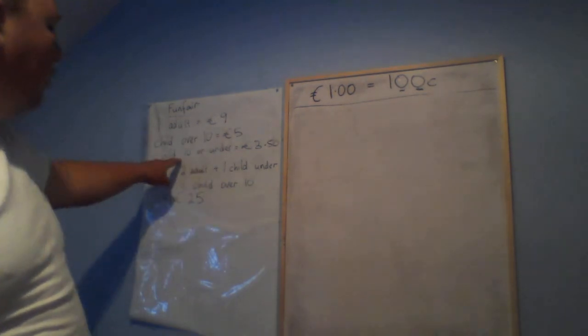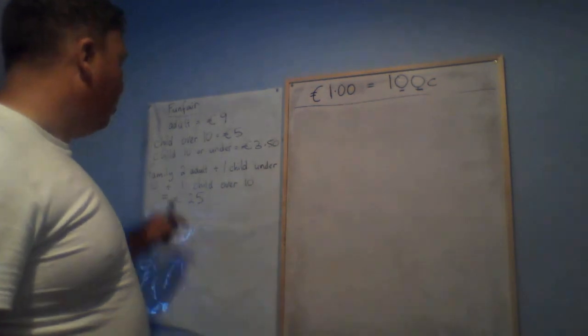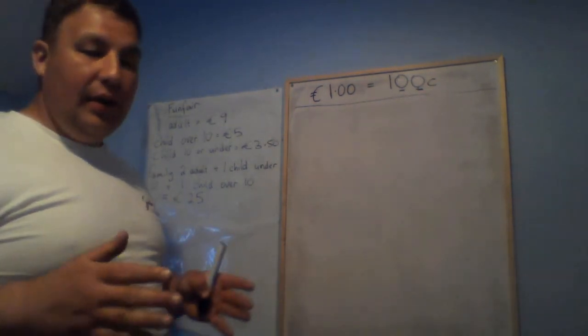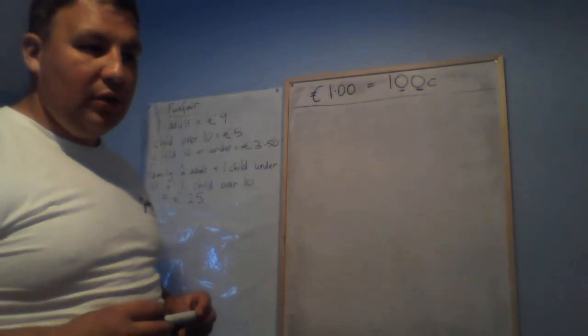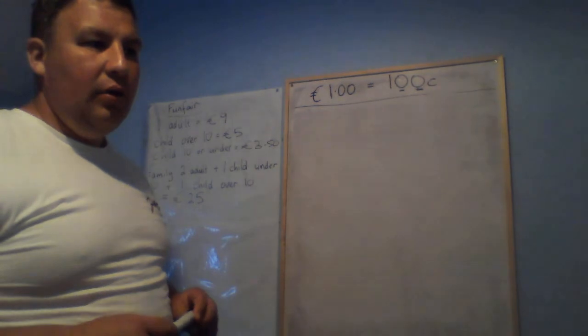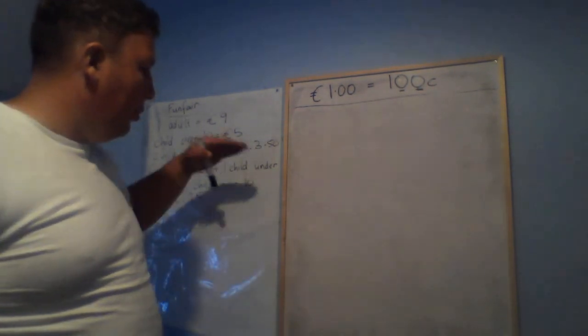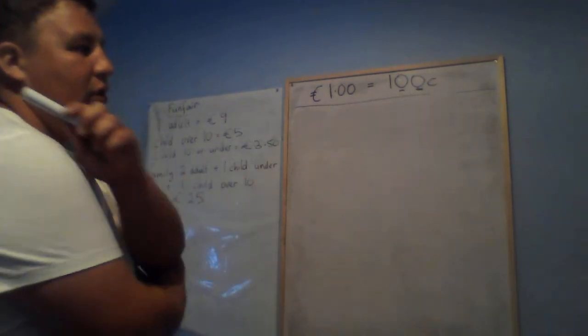I know this last one is confusing, but write out 1 adult equals whatever amount of money. Child over 11, I think it is in your book, equals how much money. And get rid of all this then. They're talking about 50% off. They're talking about you get something for free. Forget about it. Doesn't matter. All you're worried about is the numbers and figuring out what the answer is by using them numbers.